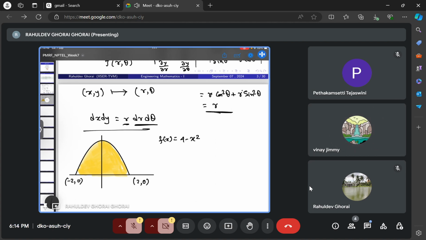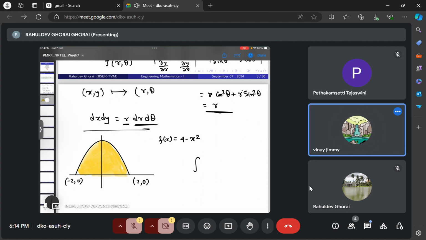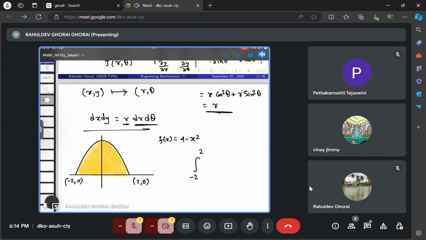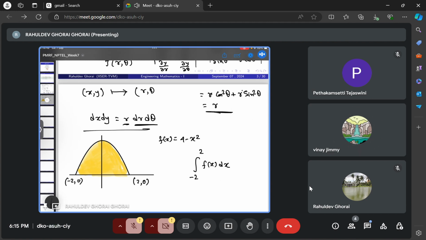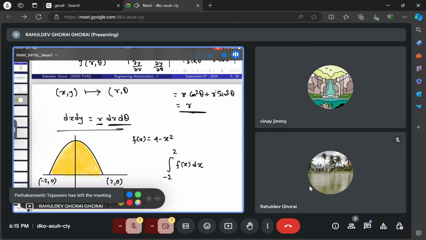No, there is an easier way. Can you do a simple integration from minus 2 to 2 of f(x) dx, right? Does it not give you the area under this function, this yellow area?